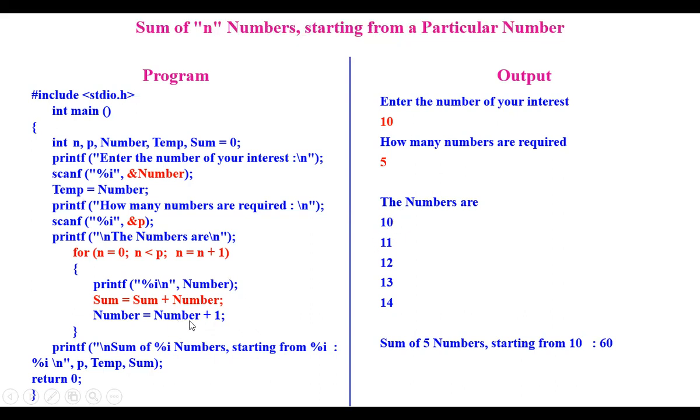That is, number 10 plus 1 becomes 11, next 12, next 13, 14. Like this, the number has changed, and every time this changed value of number is added to sum here. So the final value of sum is the summation of all these 5 numbers. So the sum of 5 numbers starting from 10 is 60.